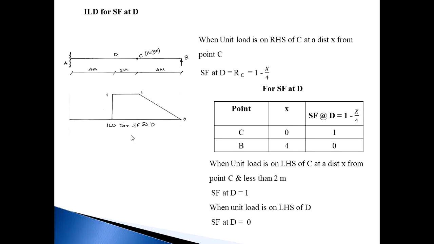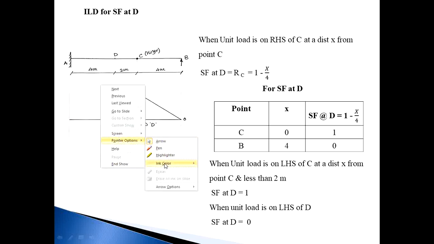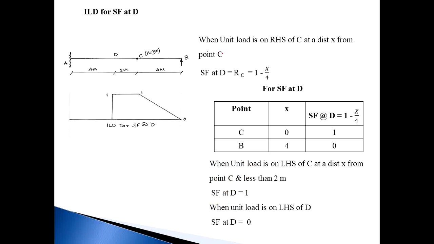Then next, ILD for shear force at D. So first, once again, consider when the load is on the RHS of C, in this span at a distance of x from point C. So the shear force value is RC, because we consider shear force at D. I want to consider shear force at D, so consider the right side, and this is the AC portion.